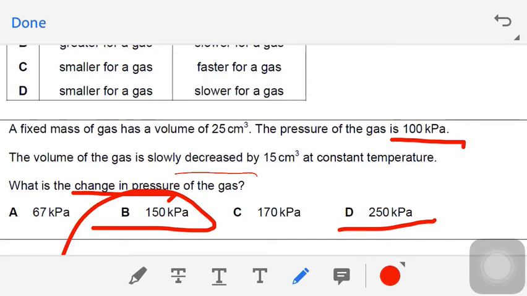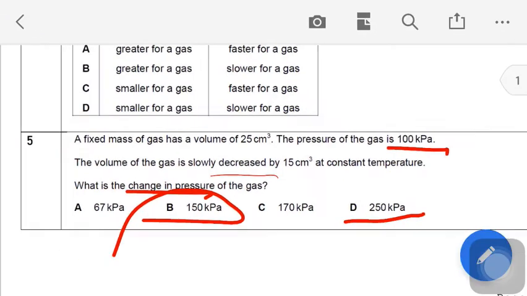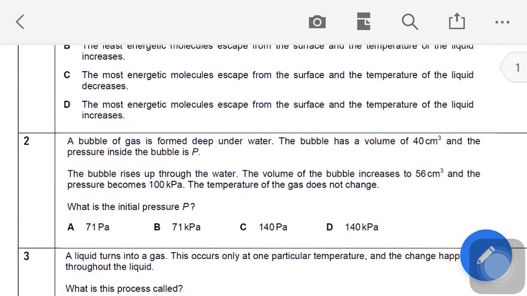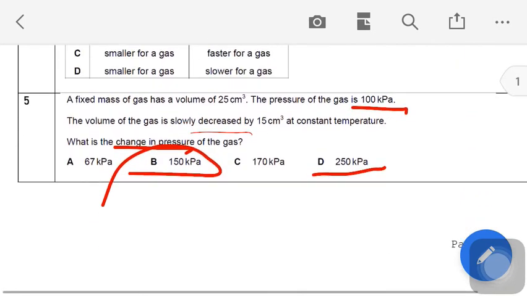So the physics is the same. Now this question number 5 and that question number 2 are fundamentally the same question, numbers different, and there is a bit of a distraction here. You might forget the word change. But as far as physics is concerned, both are the same question, so you just have to be careful.